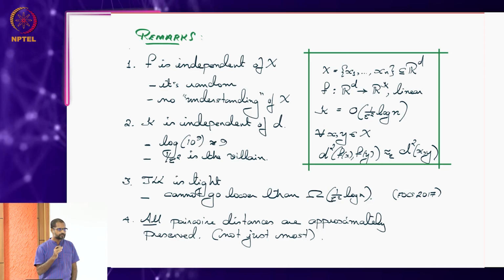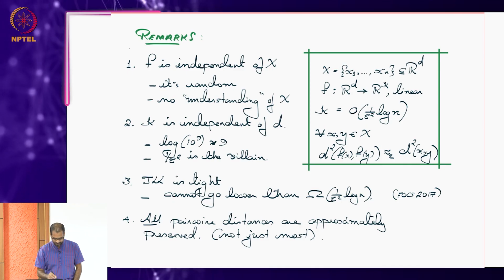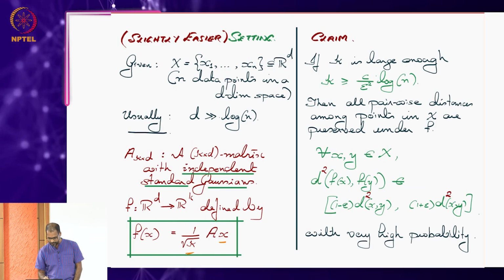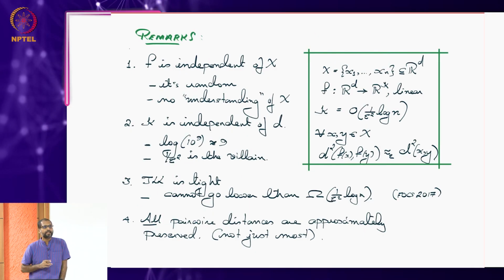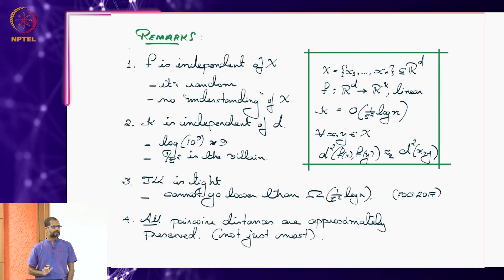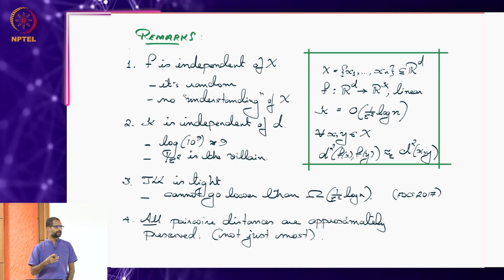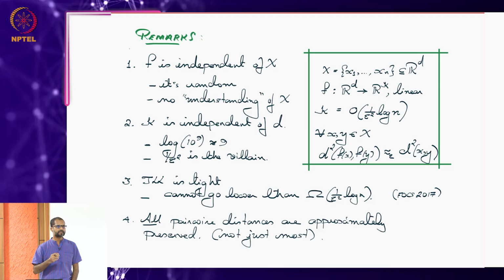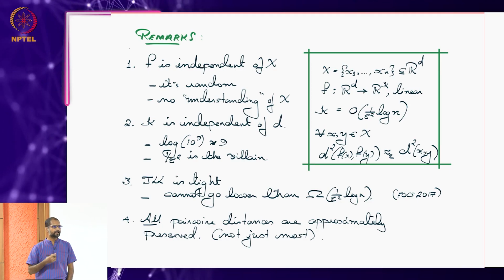First of all, this function, 1 by root k A times x, which I refer to as f of x, is independent of x, and that is where it dramatically differs from the singular value decomposition. SVD was very much data dependent, but this transformation is data independent.